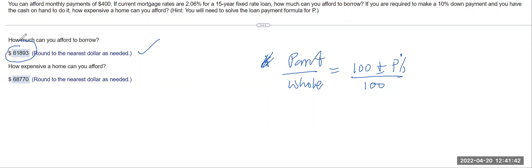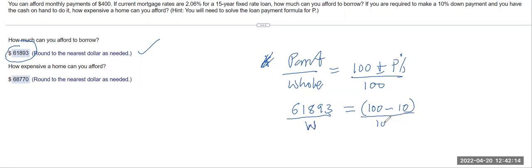Is that okay? Because he can make 10% down, but he can afford a loan of 61893. Okay. And that is equivalent to 90% of what? Of the loan amount. Okay. Over the whole. Now the whole is what we are looking for, because you want to look at how expensive a home this person will be able to buy. So we are looking for the whole. That's what we don't know.